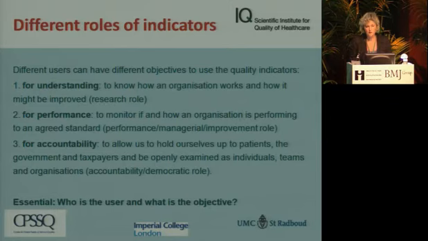And you can also use them for accountability, so in the transparency role. And it's essential to realize who the user of the quality indicators is, and what the objective is to use them. And from practice, we know that in many cases this is unclear.